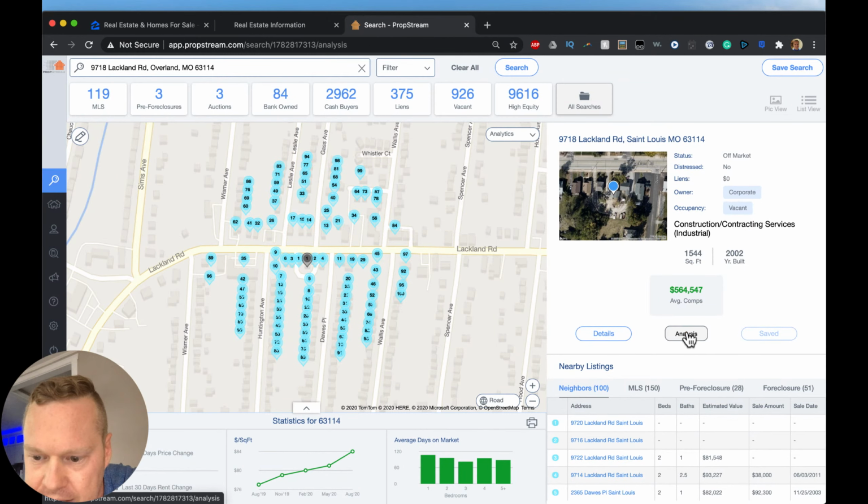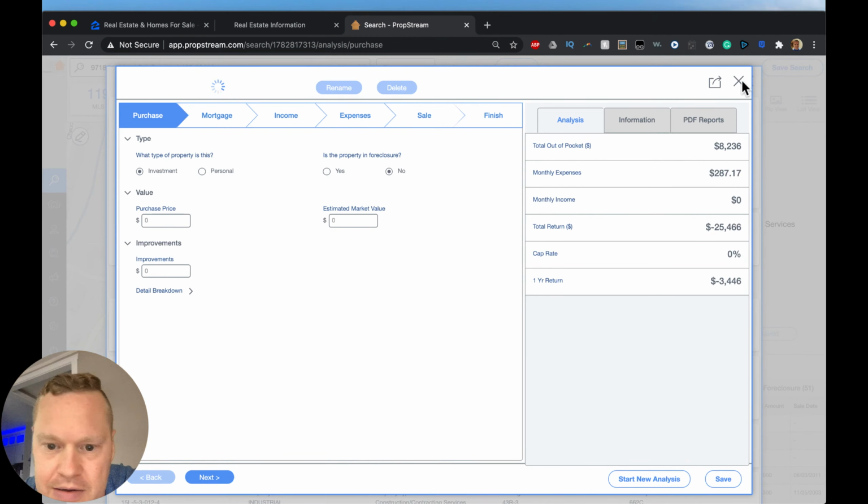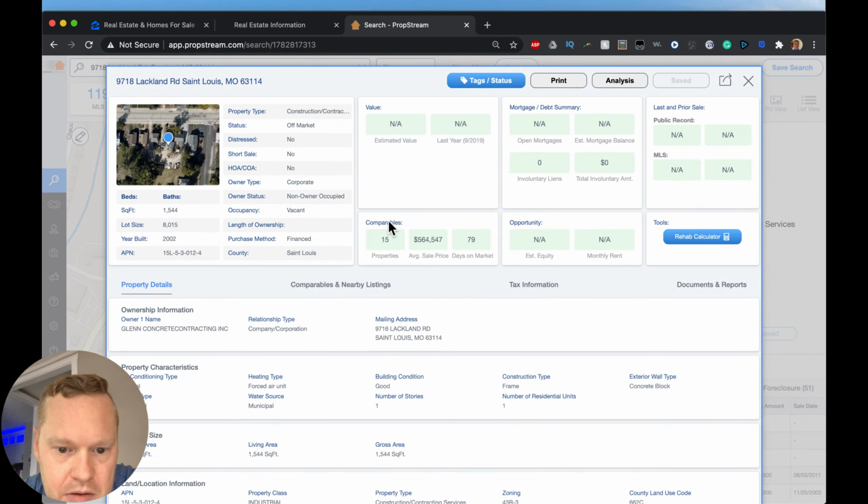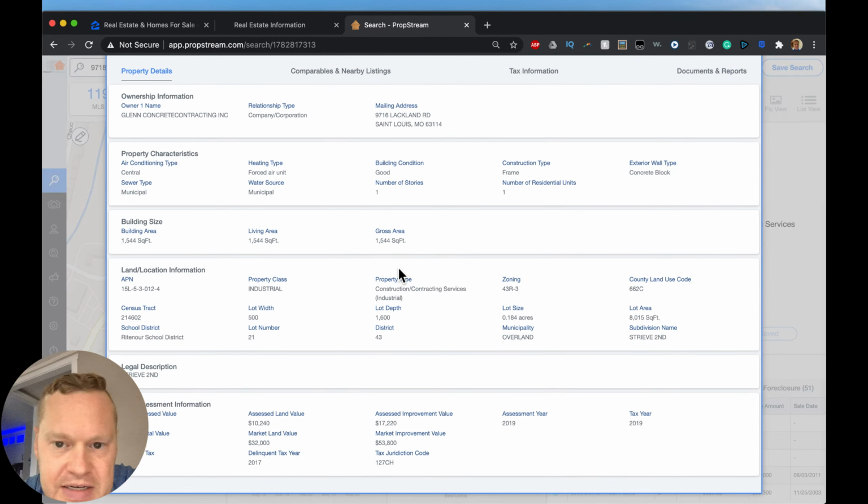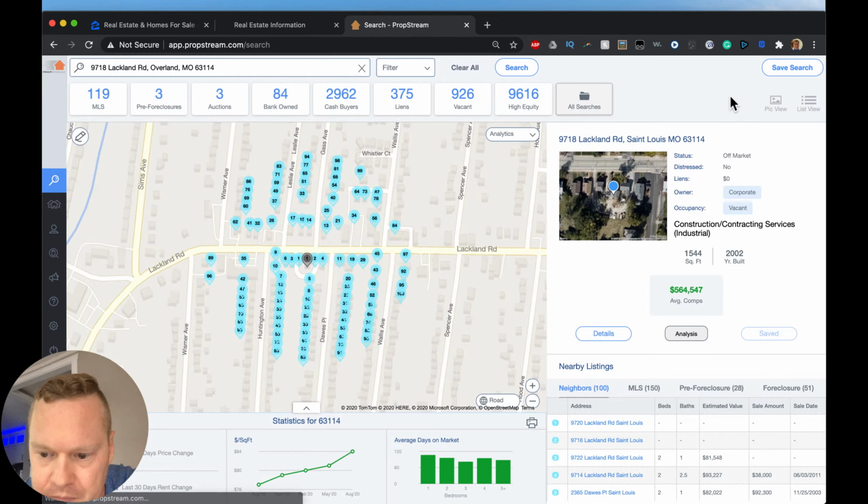Let's look at an analysis, my analysis, not theirs. So comparable properties, there's 15 of them. Let's take a look at our comps.